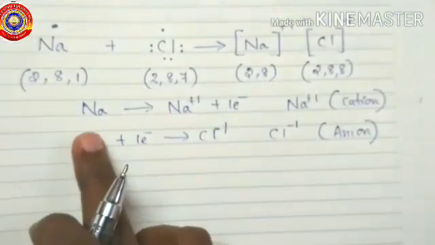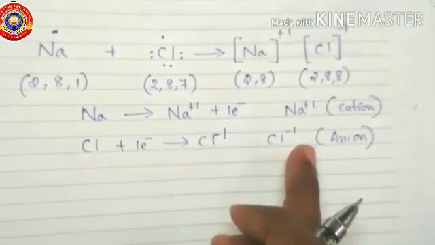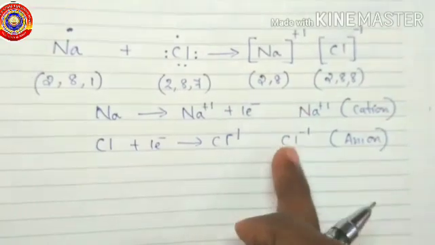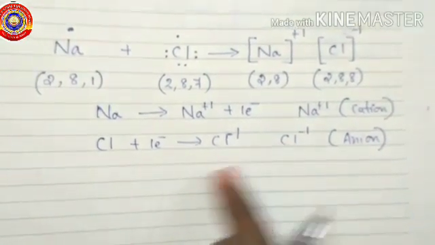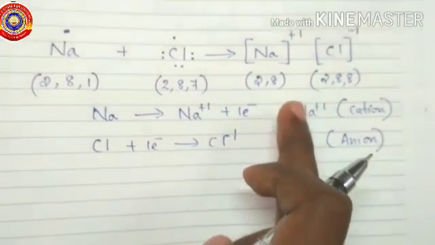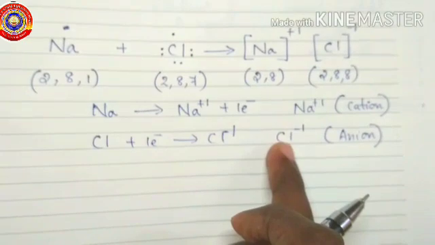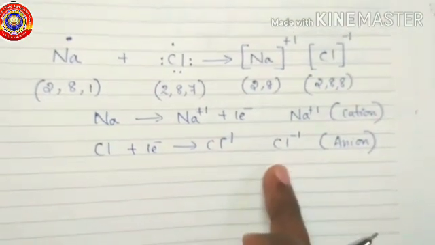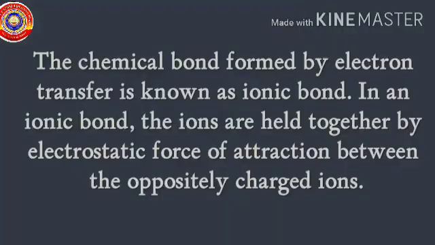So once again, sodium loses 1 electron and chlorine receives 1 electron from sodium atom and they become positively and negatively charged ions respectively. These opposite charges attract each other and they are held together by the electrostatic force of attraction. This type of chemical bond is known as ionic bond.